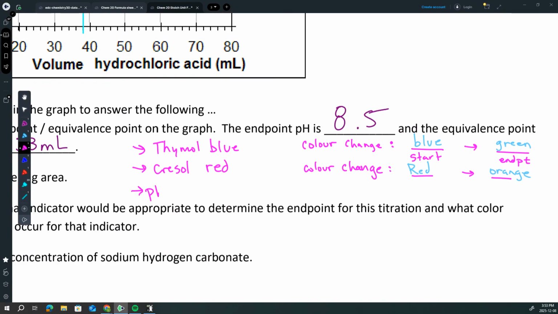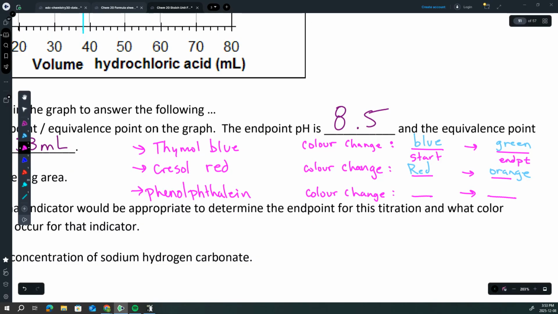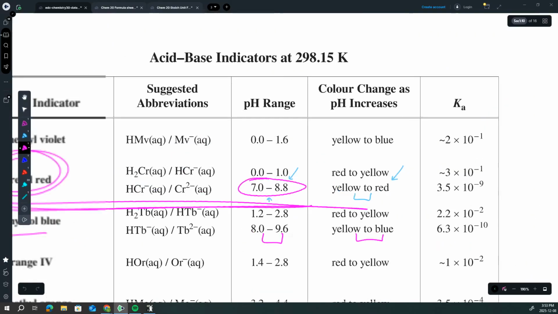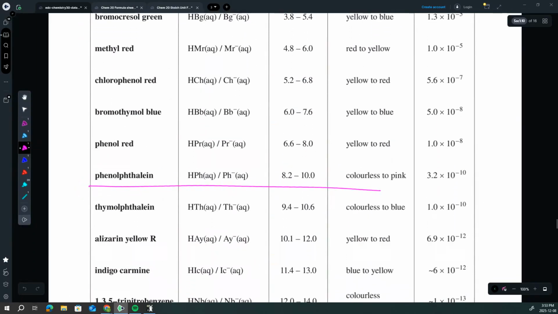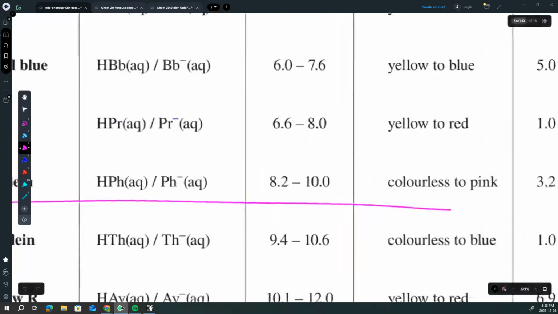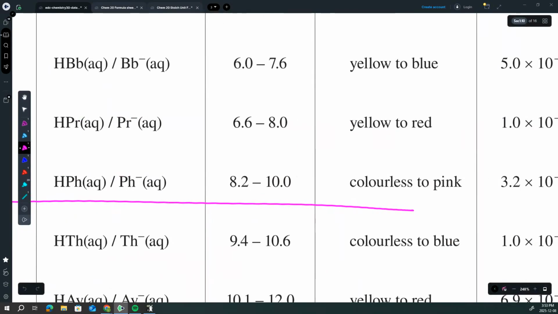Okay, next we could choose phenolphthalein. So for our color change, again, we're doing the starting color and the endpoint color. So with phenolphthalein, we're starting at 12.4.